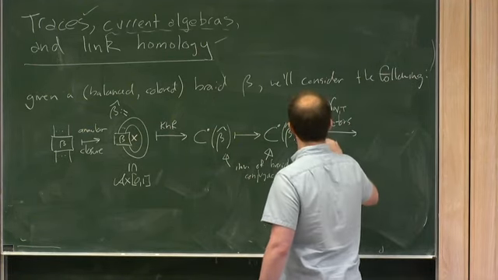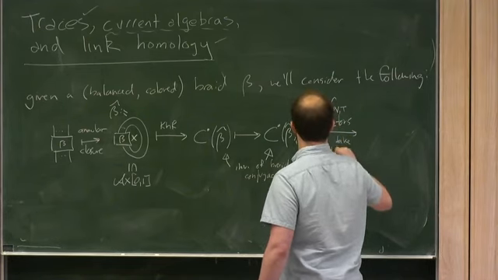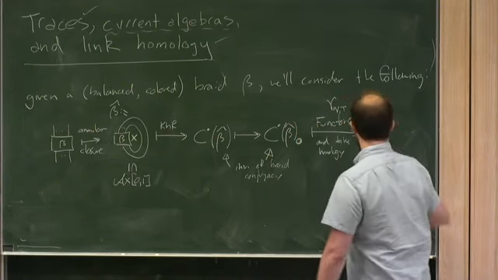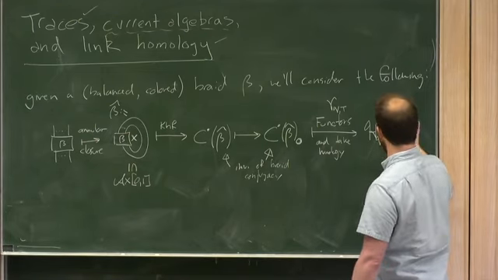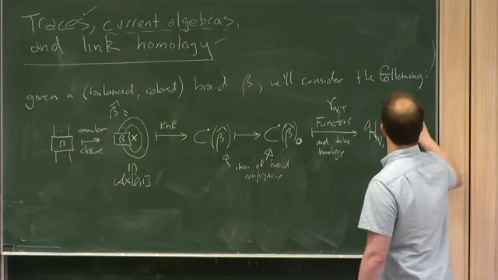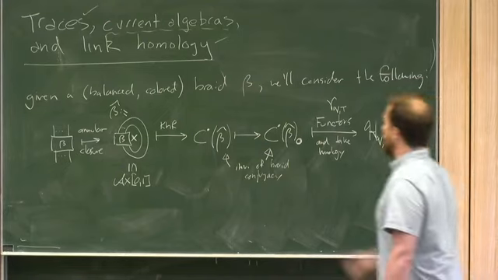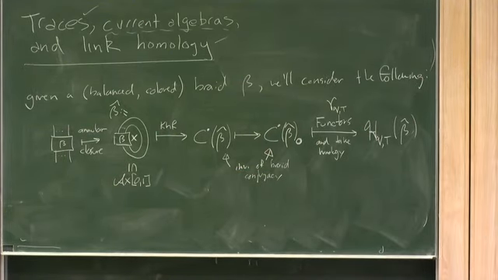We apply some functors, take homology, and get some homology theories, which I'll label fancy H sub v and t. Again, some parameters, which I'll explain later on, to get some vector space valued invariants of the annular closure of this braid. Okay, so that's all good if you care about invariants of links in the thickened annulus.